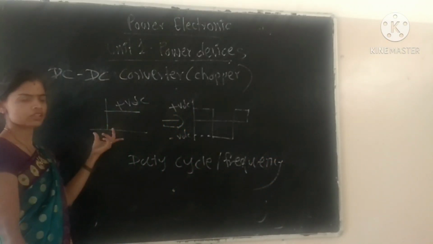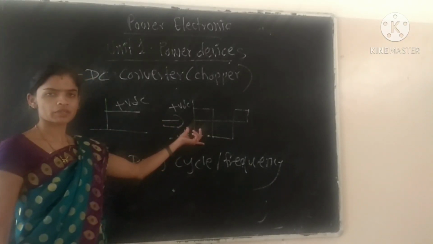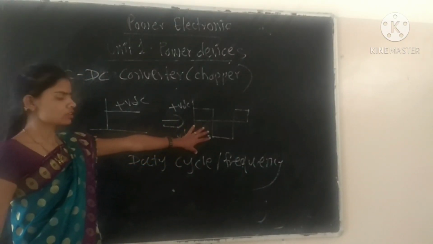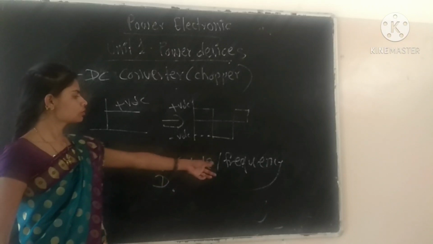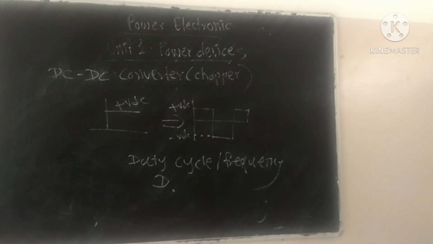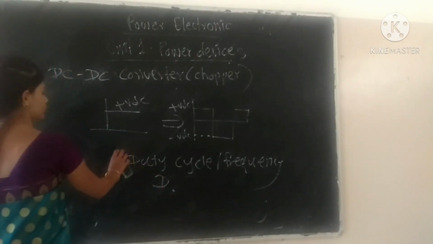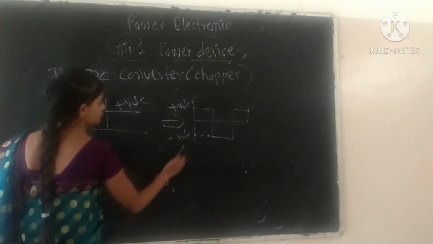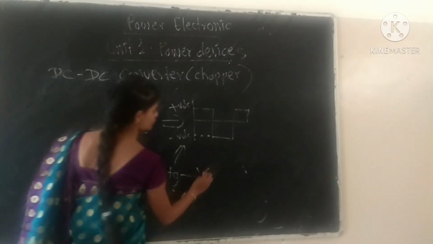Here the fixed DC voltage is given to the input of the chopper, and the output is taken at a variable frequency and variable amplitude. This output is changed by using the duty cycle, denoted as D, or frequency. The output voltage can also be controlled by using the conduction time of the transistor.